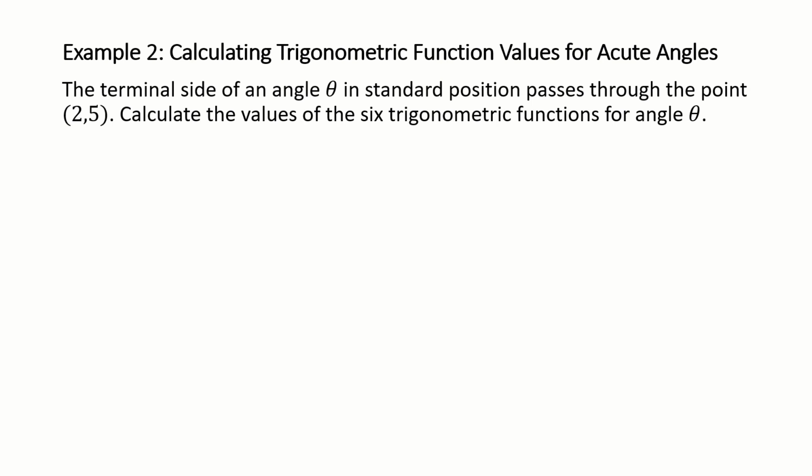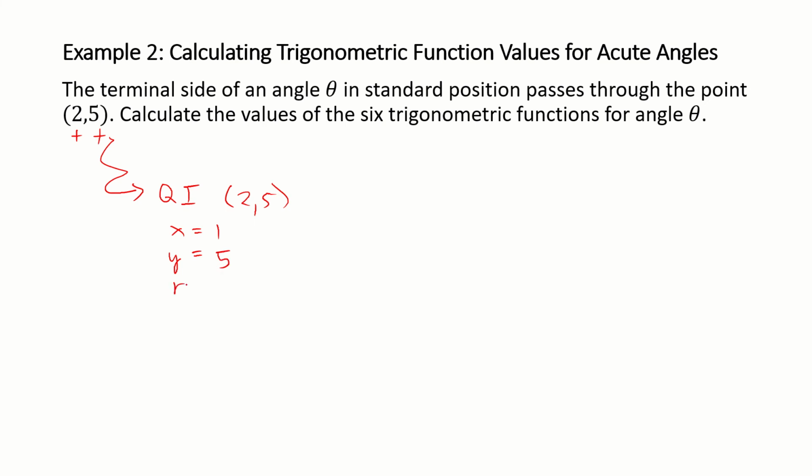Knowing that this is positive, positive, it is expected to be in our quadrant 1. So with that, we know that our x is equal to 2 and our y is equal to 5.